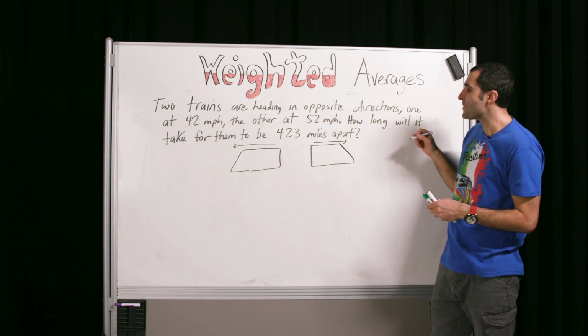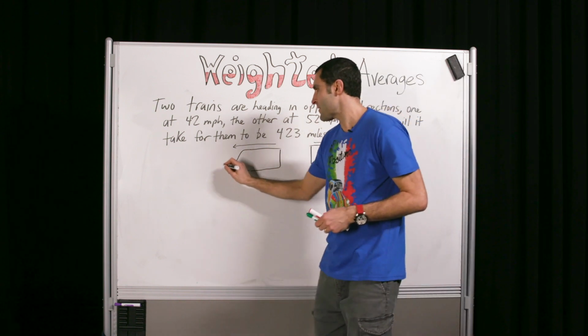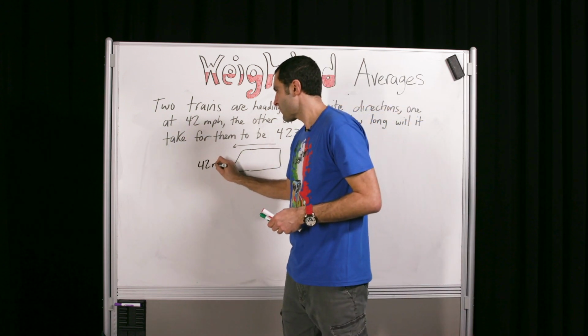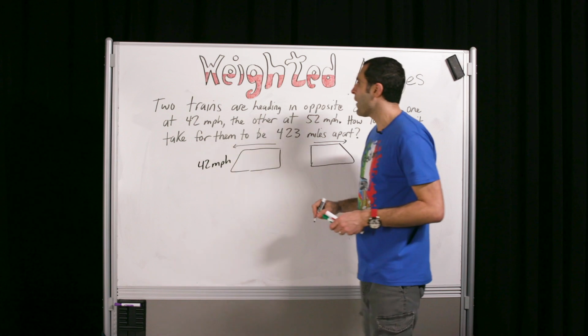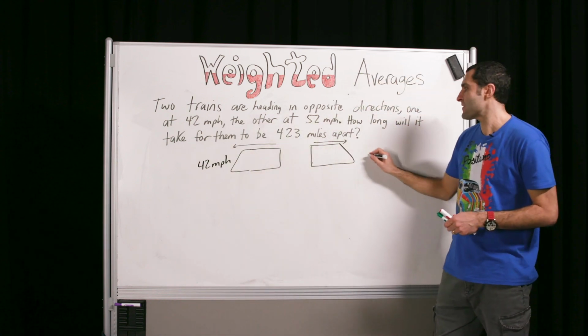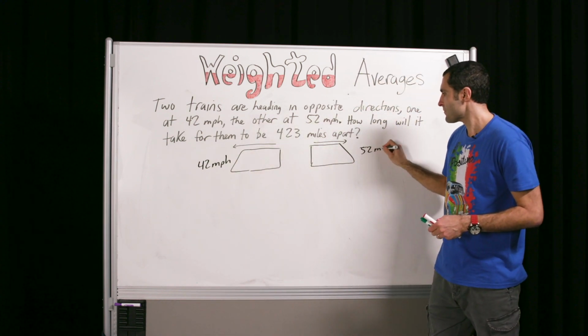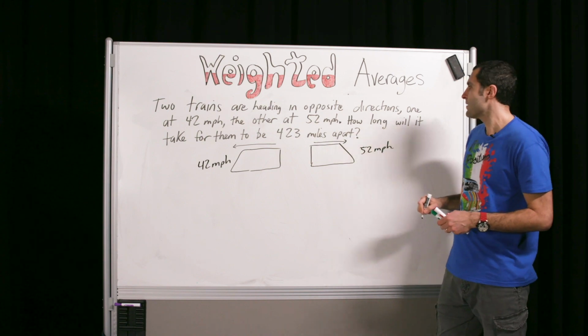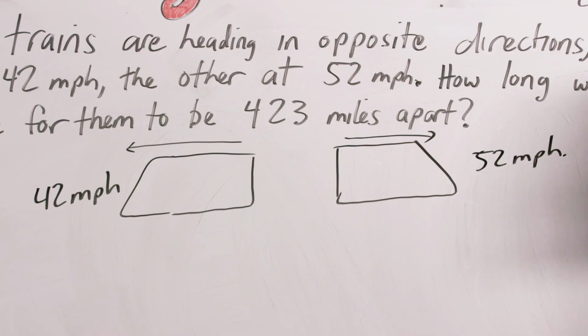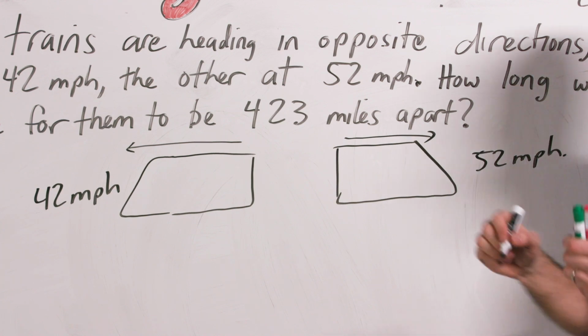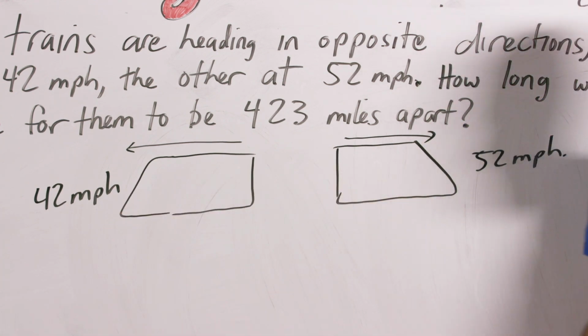One is going 42 miles per hour. One is going 52 miles per hour. Faster. Okay. How long will it take for them to be 423 miles apart from each other?